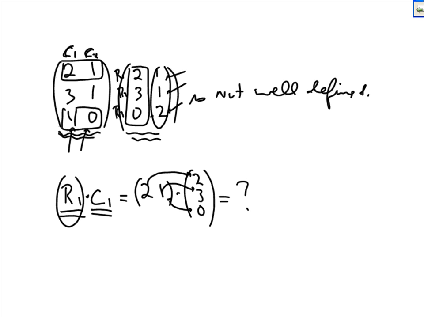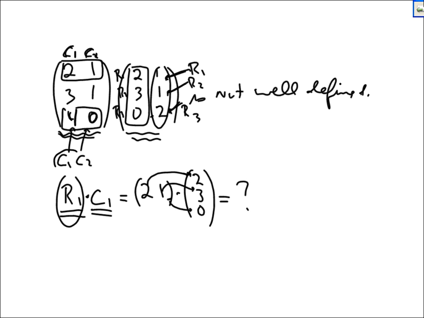Now, why does this have 2 entries? And you can't just say, well, I counted them. The answer is there's 2 columns. And why does column 2 have 3 entries? And the answer is there are 3 rows.